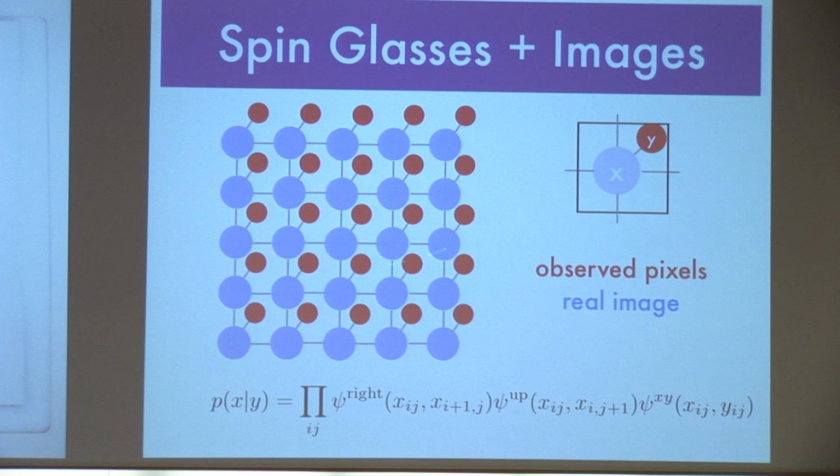Now, spin glasses and images are a fairly common way of dealing with undirected graphical models. So what might happen is that you observe some pixels here, the red guys, in your camera. But underlying this might be some actual image structure, the blue bits.